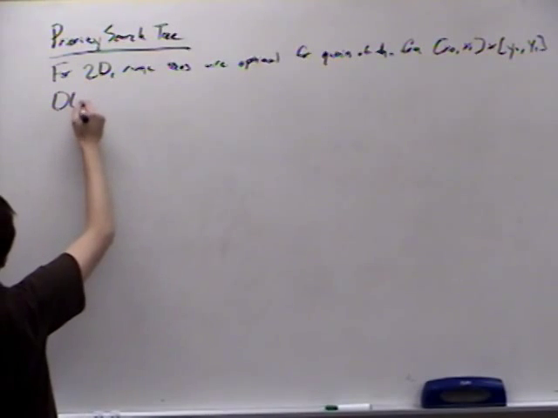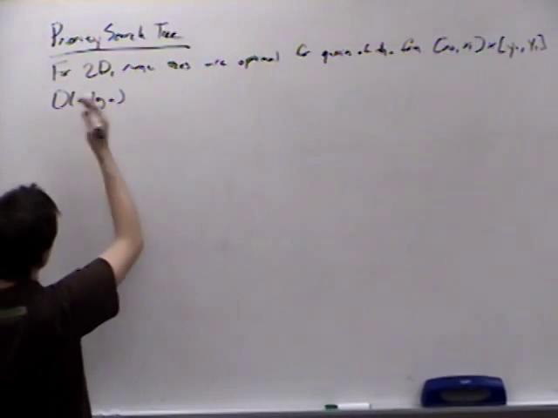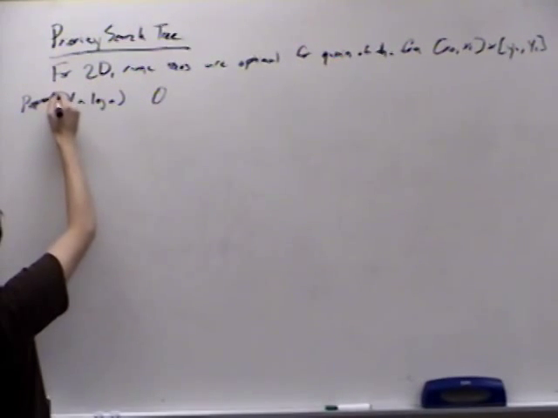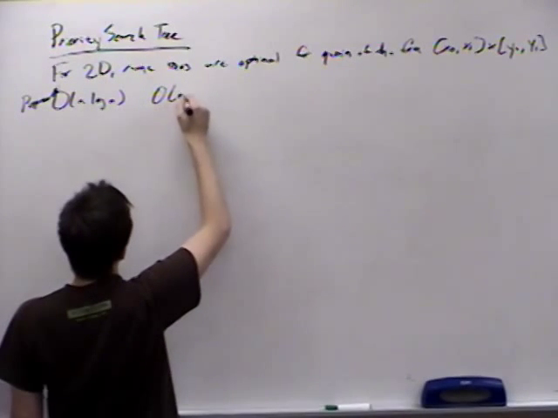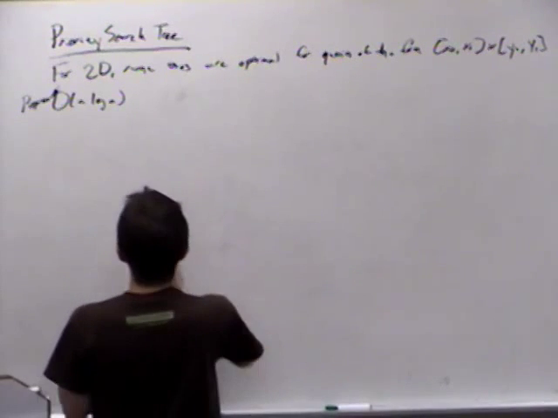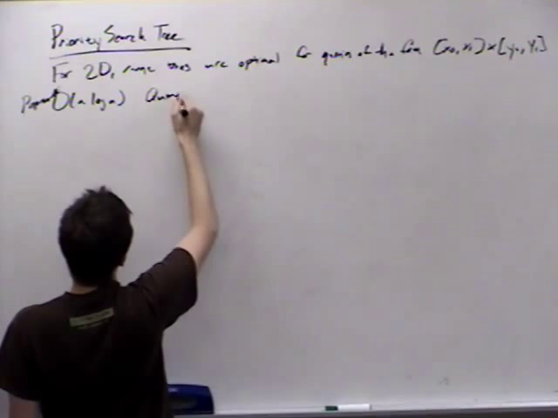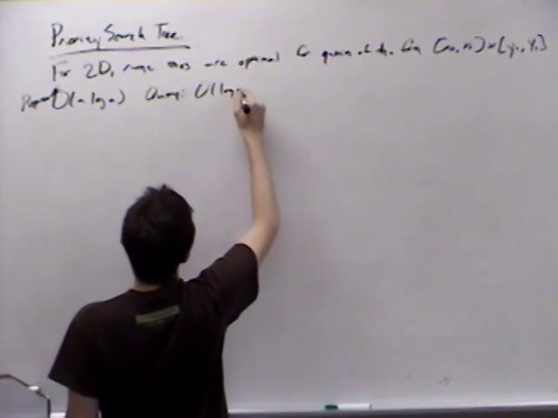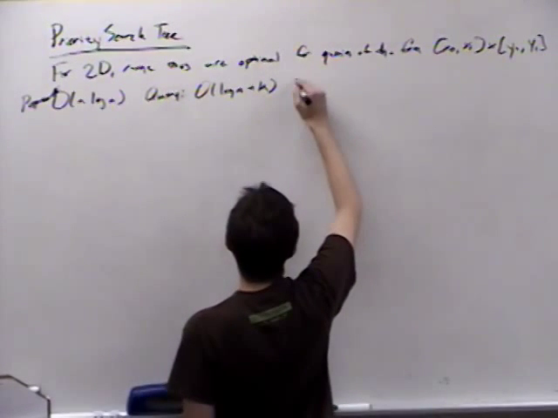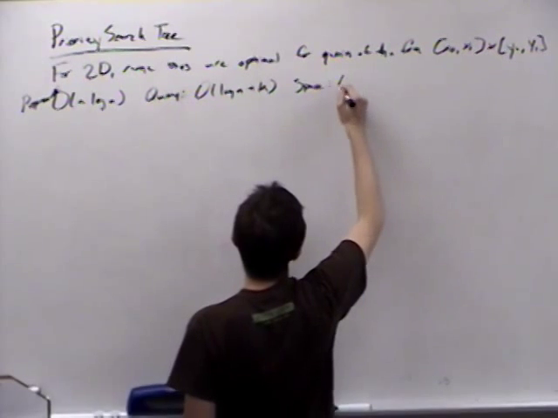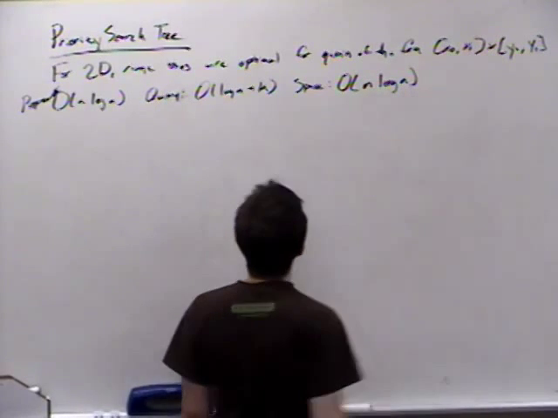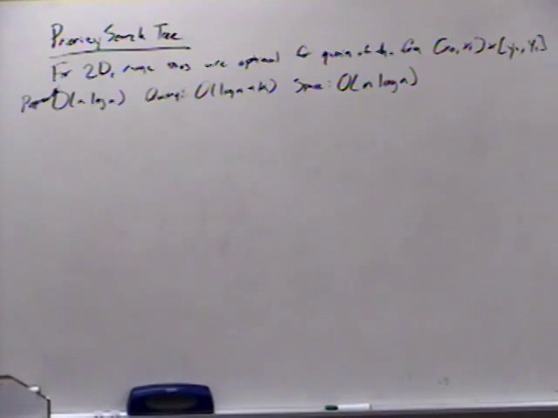We have order n log n build time, so we have preprocessing cost order n log n, query time is order log n plus k, assuming we use fractional cascading, and the space is order n log n, right? So for general queries, this is as good as it gets.